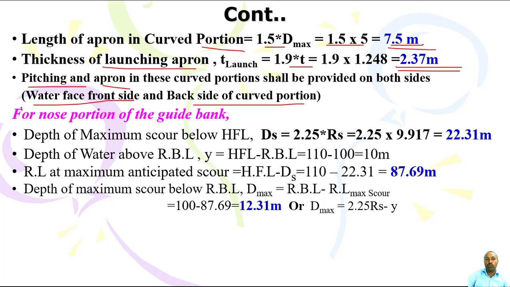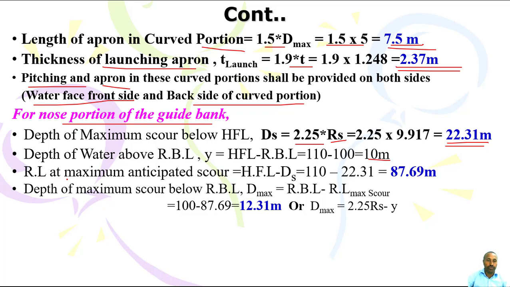So the last one is for the nose portion of the guide bank. At the nose, the depth of maximum scour below HFL will be 2.25 times RS. Then you multiply them, it will be 22.31 meter. And the depth of water above river bed level will be HFL minus river bed level, then you get the same, which is 10 meter.